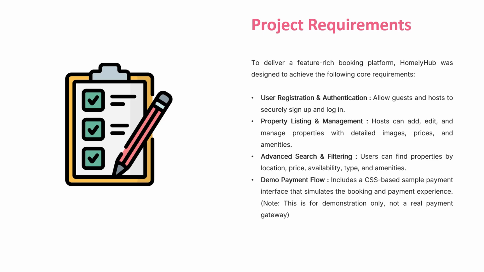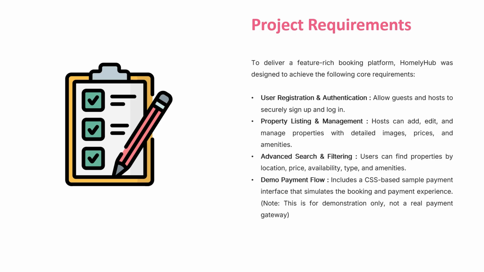Second, property listing and management. After logging in, the host can edit and manage properties with detailed images, prices, and amenities. Now, what are amenities? Amenities are services provided within a particular property, like Wi-Fi, washing machine, AC, free parking, etc.